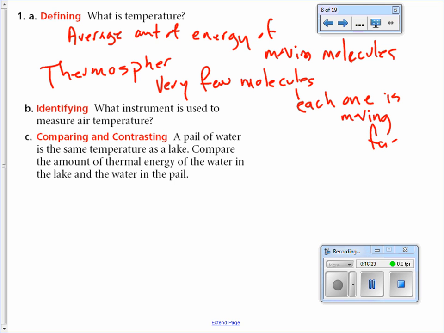But since that energy is not really being transferred, it would feel cold. The temperature is low because if you look at the average amount of energy per volume, there's not very much. So this, and that's obviously a thermometer, a pail of water is the same temperature as a lake. Which one has more thermal energy?